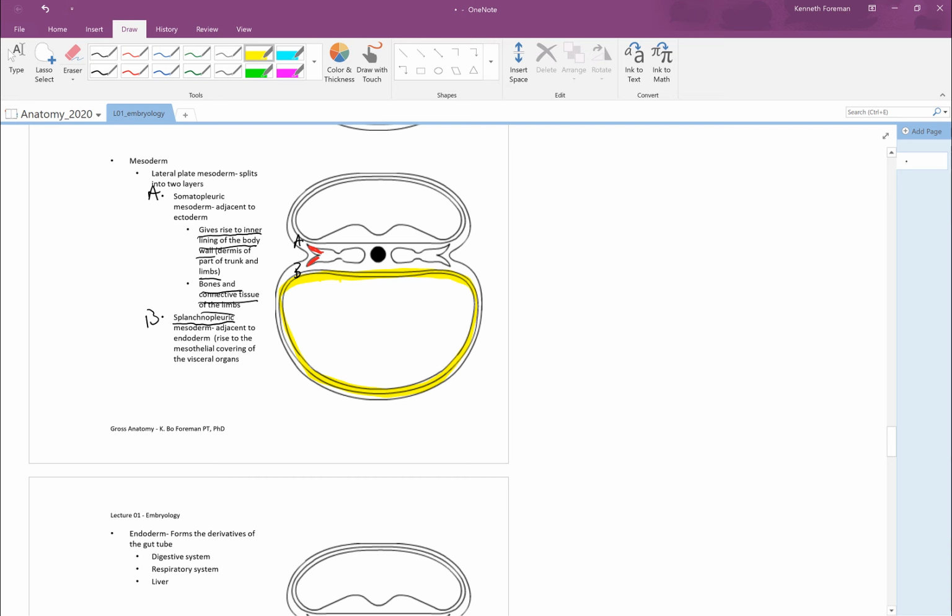So as it migrates out, it's going to give rise to the coverings of the visceral organs. So if you think back, you have parietal pleura and visceral pleura. Parietal pleura, which is on the outside or lining the body wall, that would be derived from somatopleuric mesoderm. The visceral pleura, which is stuck to the organs, would be derived from splanchnopleuric mesoderm.